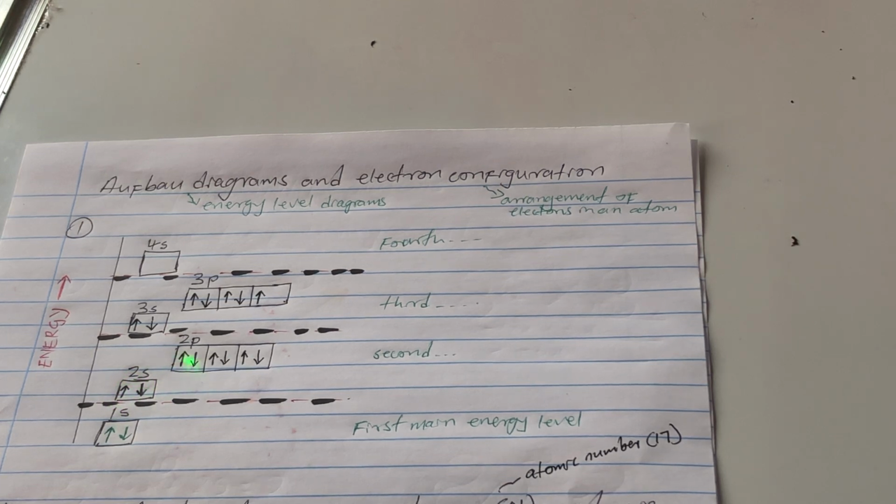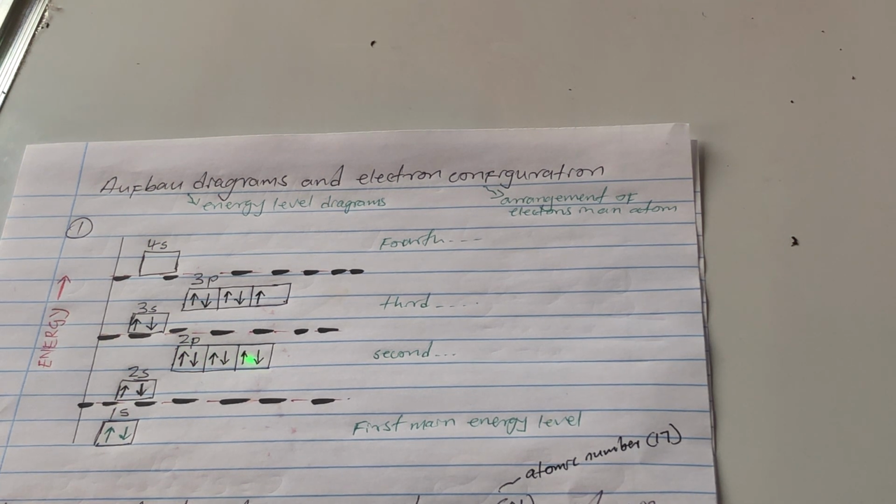And then above 2s, you put 2p. This 2p will contain 3 boxes. Then represent another energy level, which is the third one, 3s. You can see that the 1s, 2s, 3s, 4s are in a straight line.